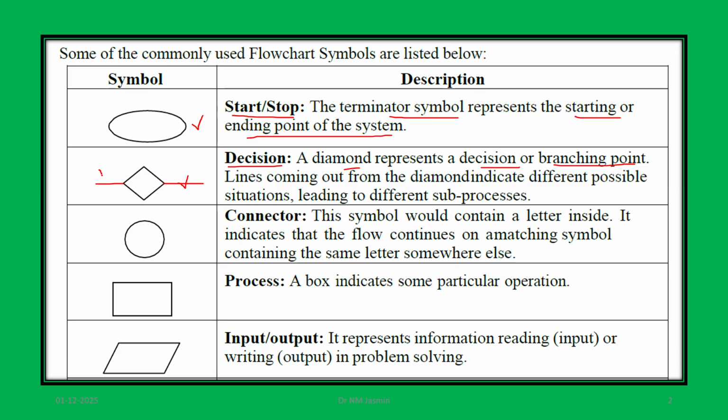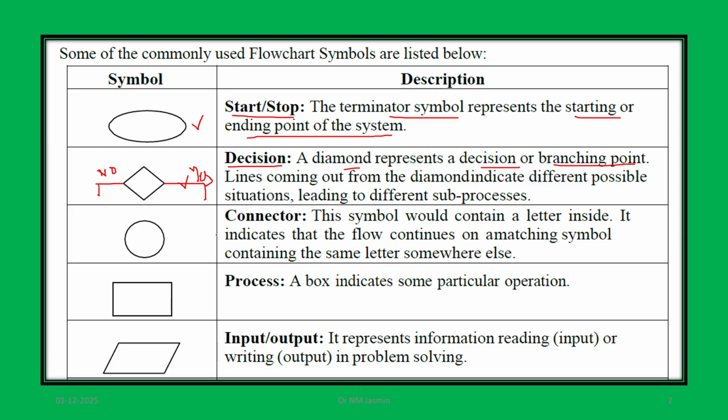Say for example, if the decision is no, you write it here, and if it is yes, you can write it here. So according to no, we will simply go with a different sub process, and according to yes, we will go with a different process. Okay, like this. For this, we are using this diamond for decision taking.